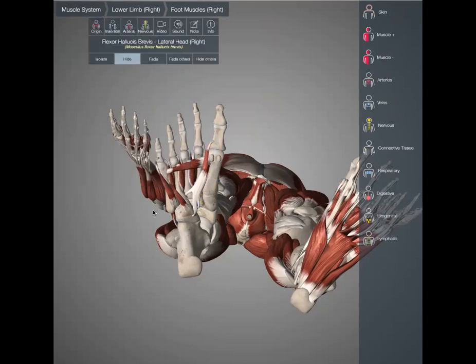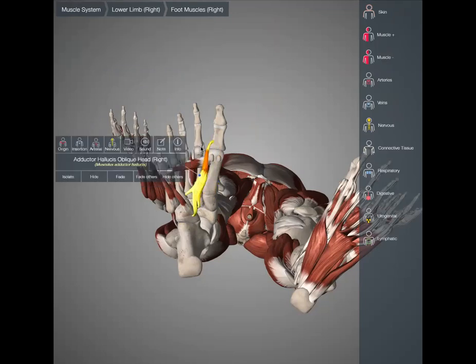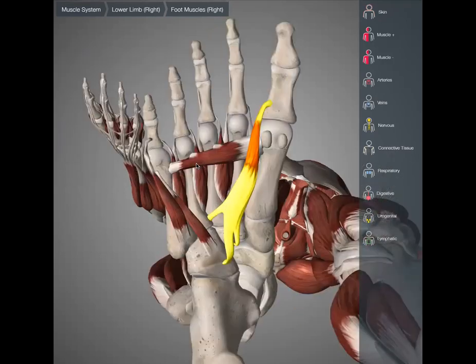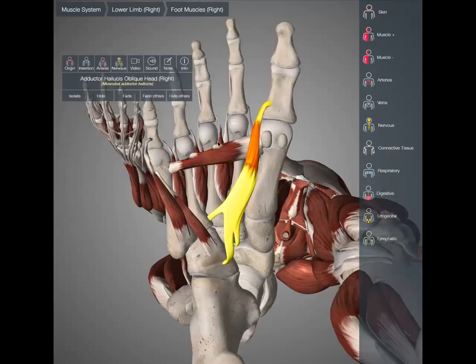The next one is adductor hallucis. It adducts the big toe. Of course, it has two heads again, transverse and oblique.